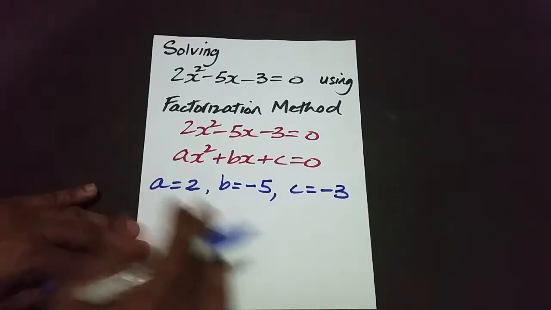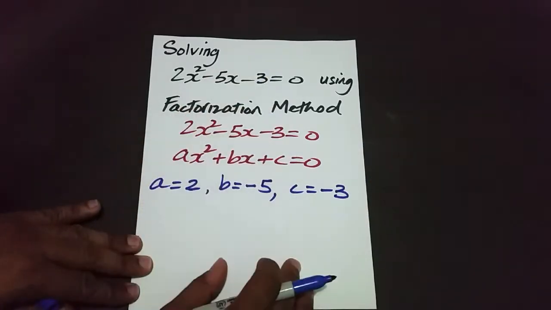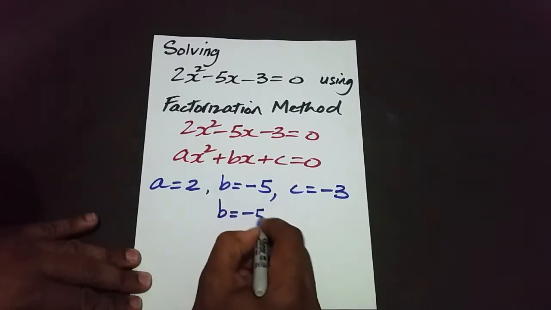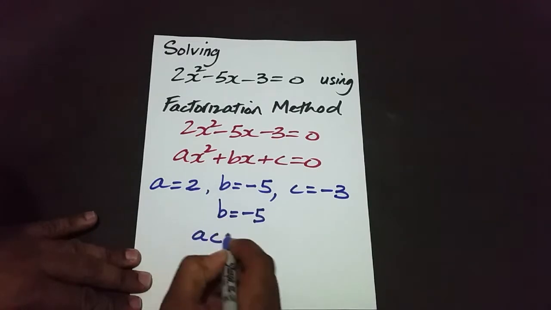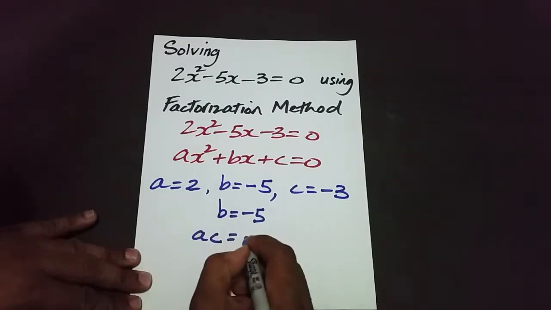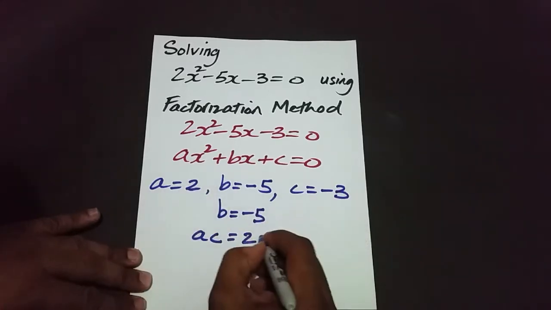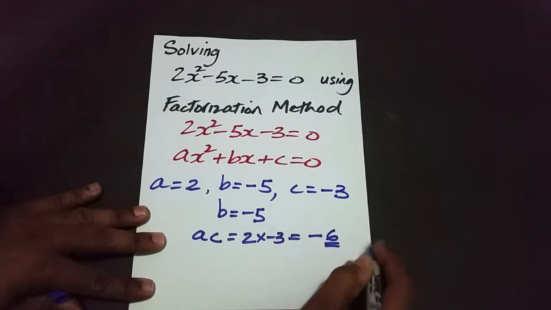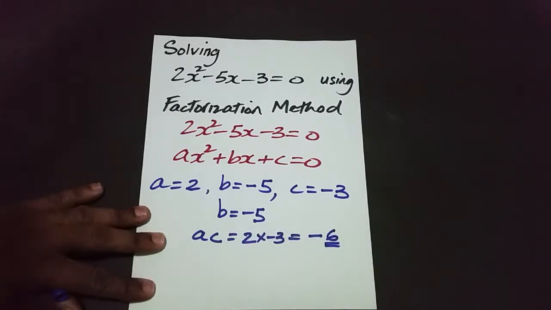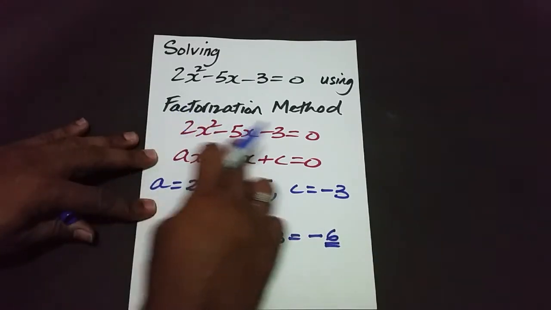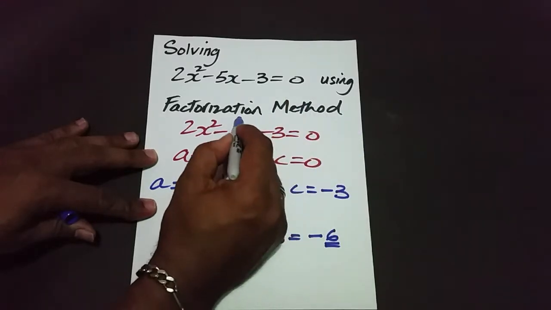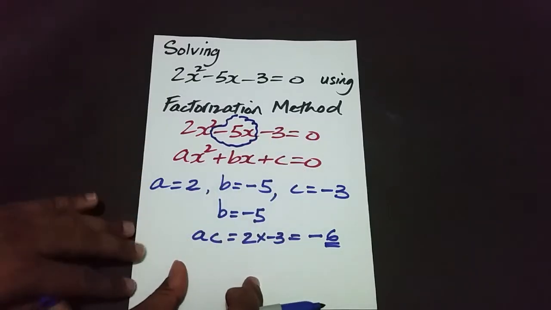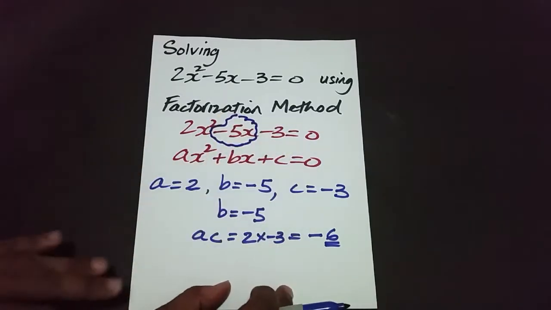Now, again, we're solving this quadratic equation by factorization method. So again, we're just going to focus on what b is, which is minus 5, and then focus on ac, which means a times c. In this case, a is 2 and c is minus 3. So 2 times minus 3 gives us negative 6. So what I'm going to do now is write the factors of 6, because in solving this equation using factorization method, it's all about being able to break up this middle piece using two specific terms that will give you negative 5x.